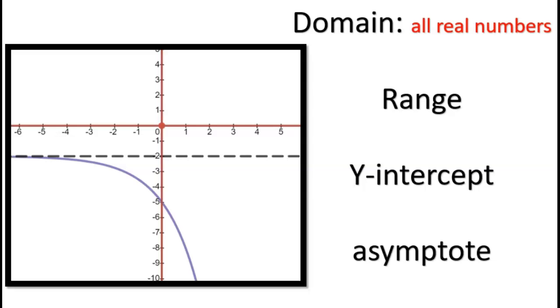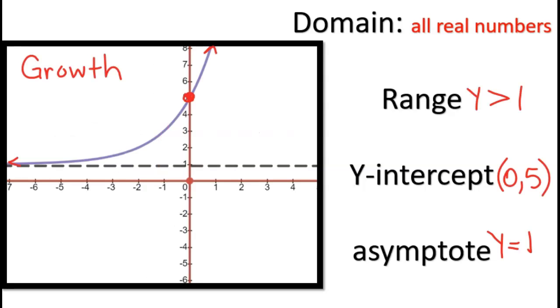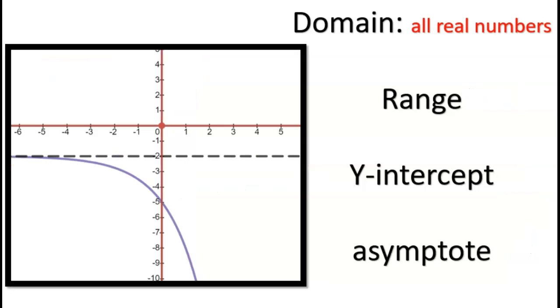Do you see that compared to the graphs that we've just been looking at, this one's flipped upside down? And because it's flipped upside down, it's a little bit hard to tell whether it's a growth or decay. It was a graph like this that was flipped upside down, so this is a reflection of a growth equation, but I'm not going to label it either growth or decay, because on reflections, where it's been turned upside down, that's kind of hard to tell sometimes.